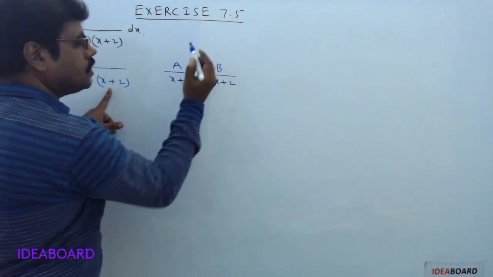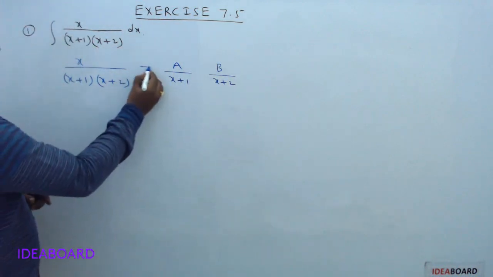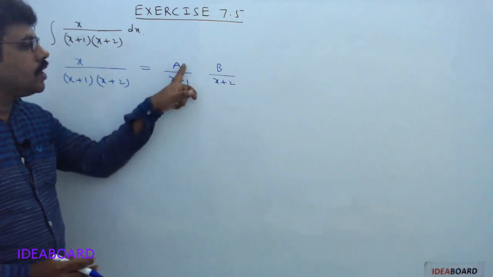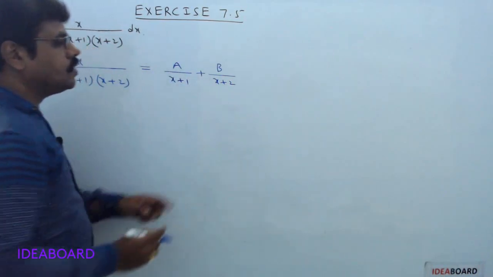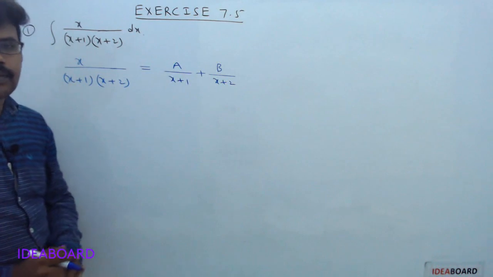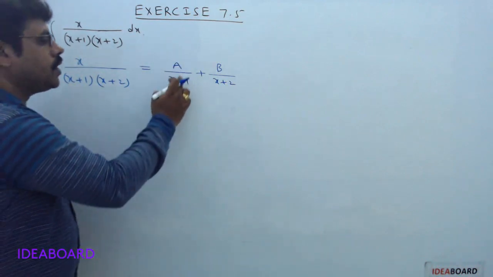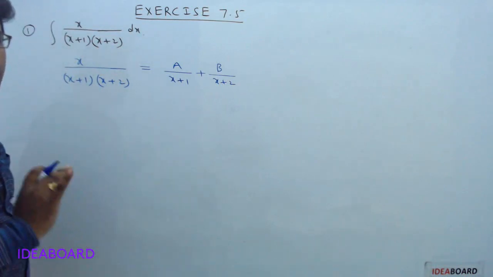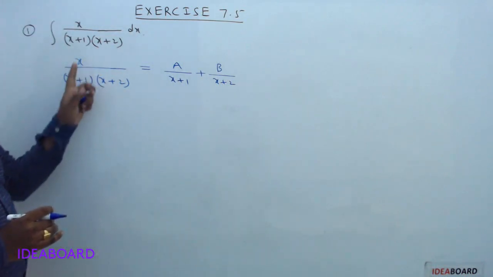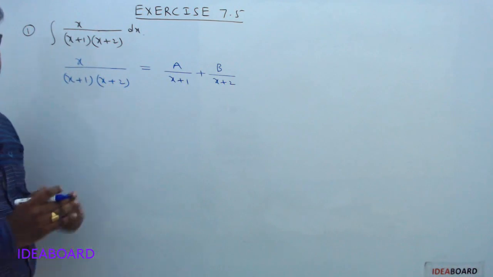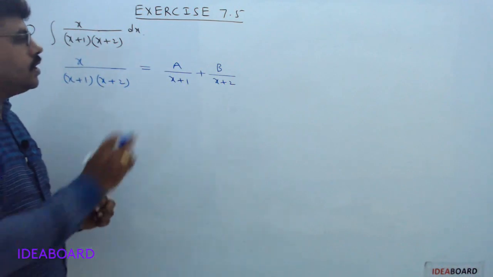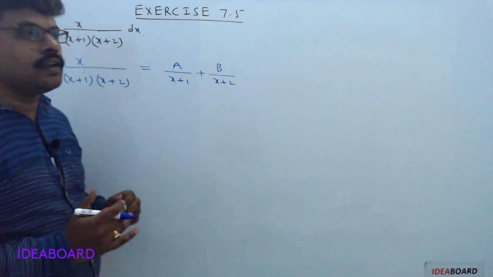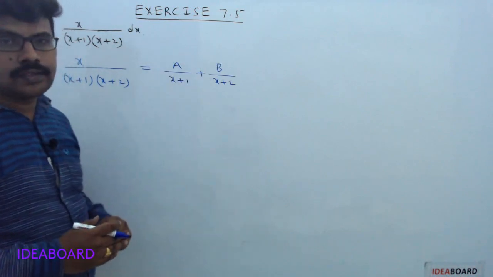Take that constant term as b. So, x divided by x plus 1 into x plus 2 equals a by x plus 1 plus b divided by x plus 2. Here, a divided by x plus 1, b divided by x plus 2 are called partial fractions of x divided by x plus 1 into x plus 2. But here, a and b are the unknown values. Now, how to calculate these unknown values?